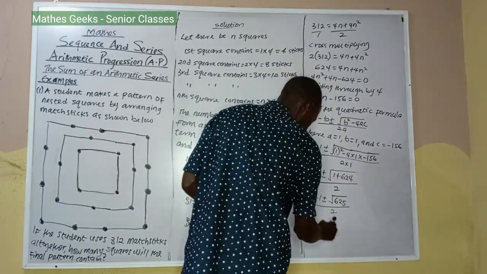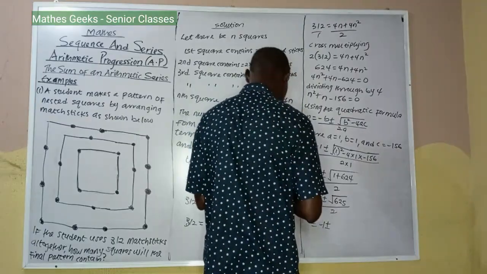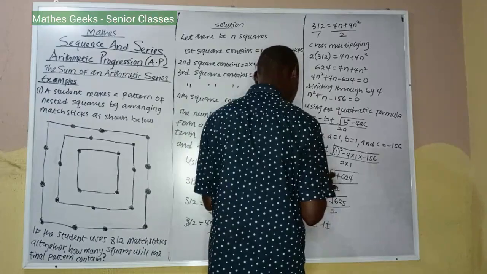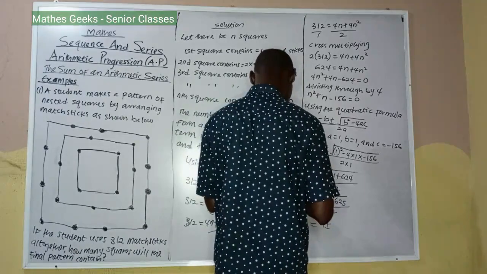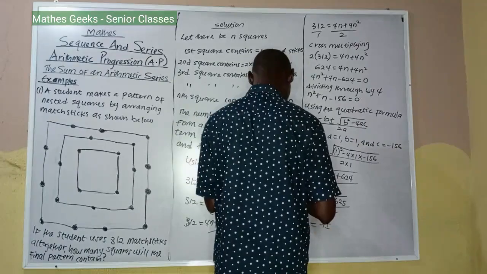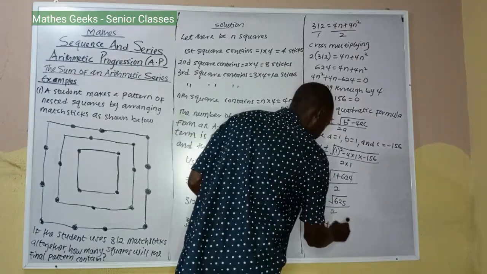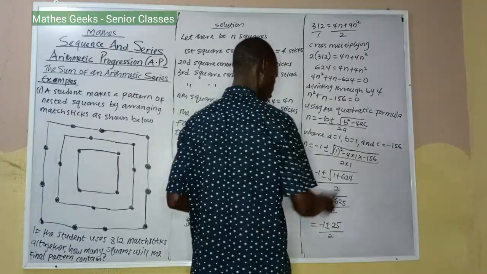This gives us minus 1 plus or minus the square root of 625, which is 25, over 2.